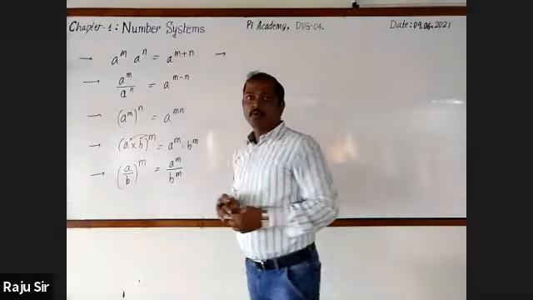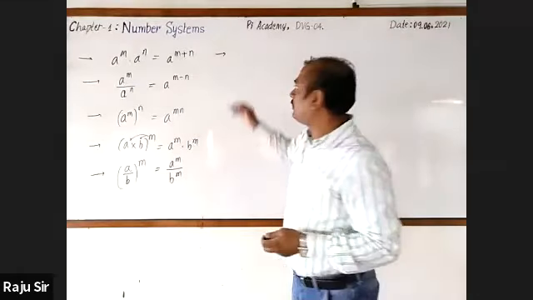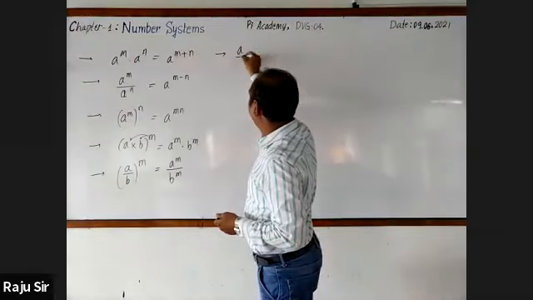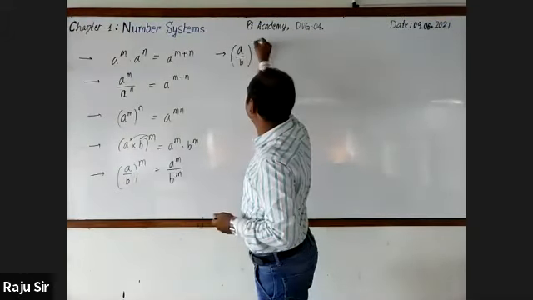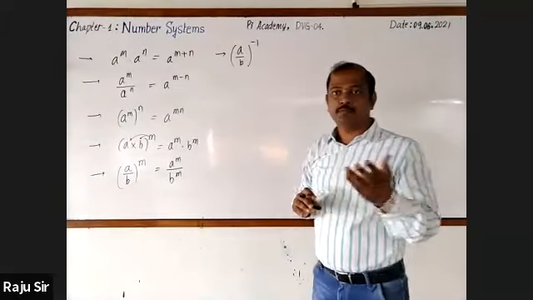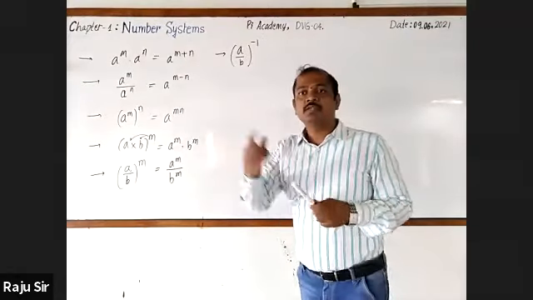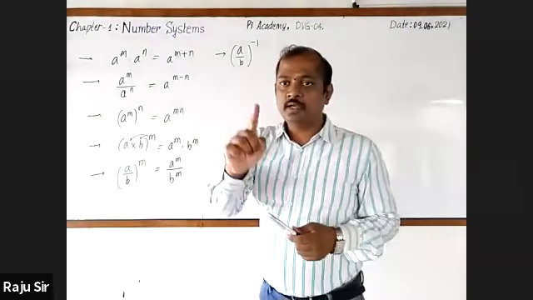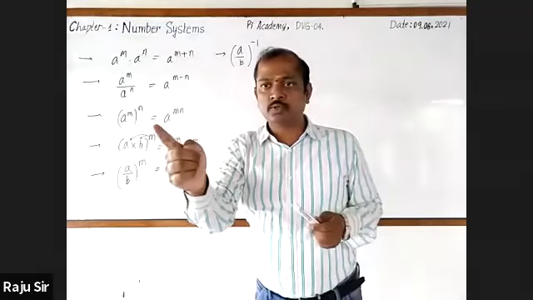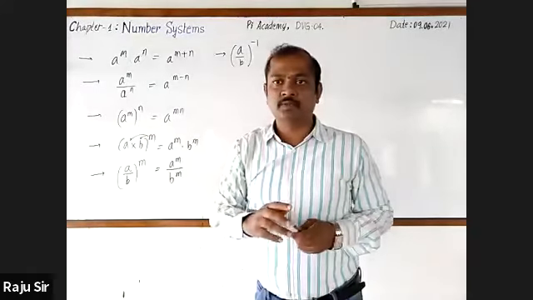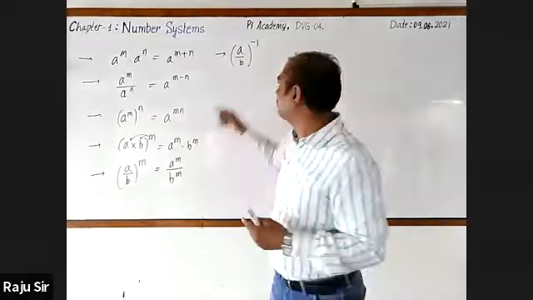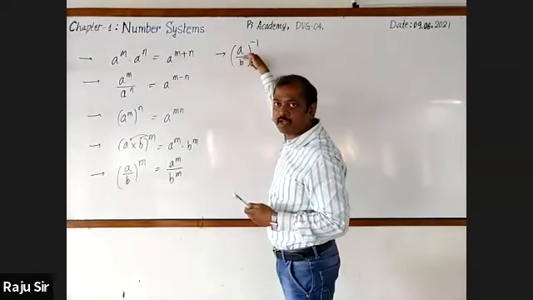And one more: a by b whole raised to the power minus 1. If minus 1 is there, to convert this into plus, since the power is negative, you convert it into positive by taking the reciprocal of this fraction.